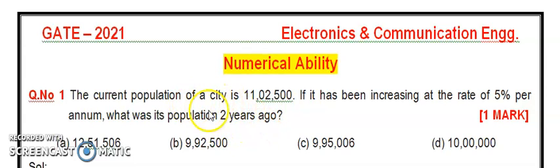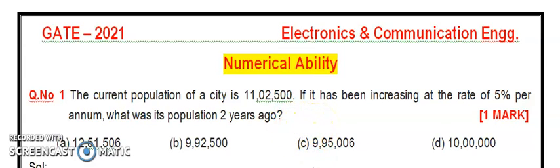Whatever the current population of the city is, we can assume it as the final amount. So in terms of compound interest, this will be your amount, this will be your rate, this is your time, and we need to calculate the principal.